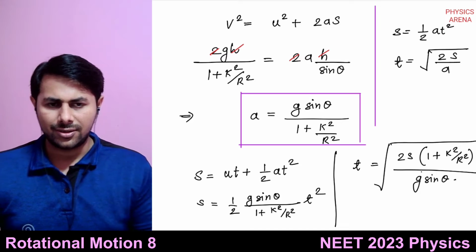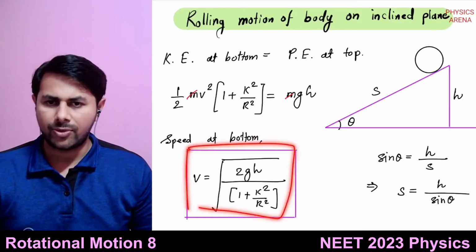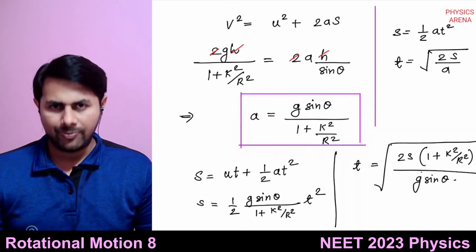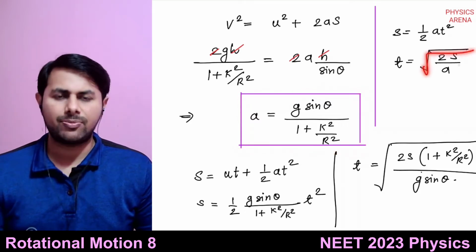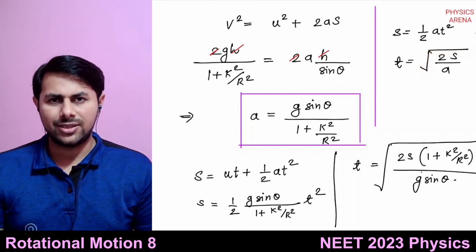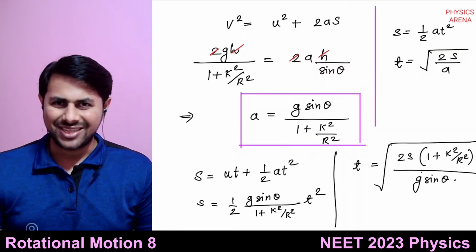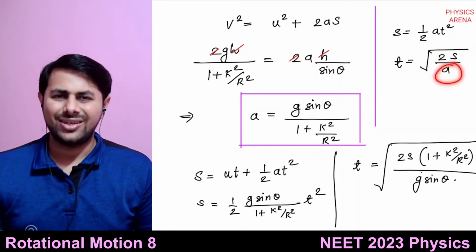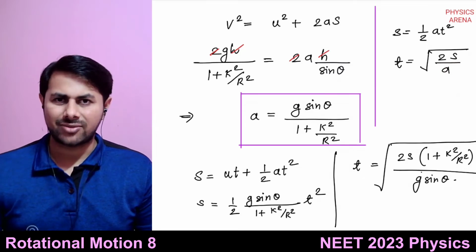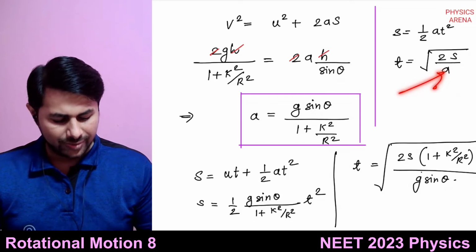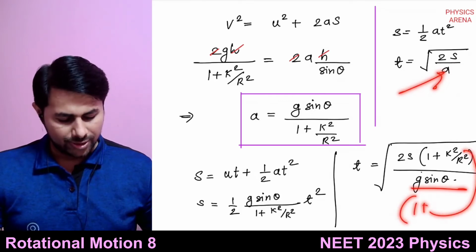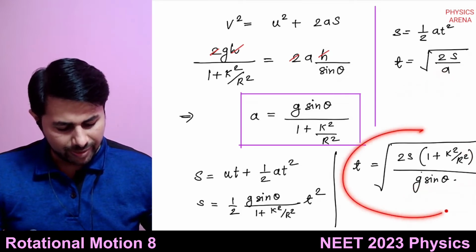Is it clear? We just have to remember this formula for the speed and this formula for acceleration. And time period is equal to square root of 2s upon a. Instead of acceleration in linear motion, which is g sine theta only, we have to substitute acceleration in rolling motion, which is g sine theta divided by 1 plus k square by r square. If you substitute that, we get this formula. So there is no need to separately memorize this formula.